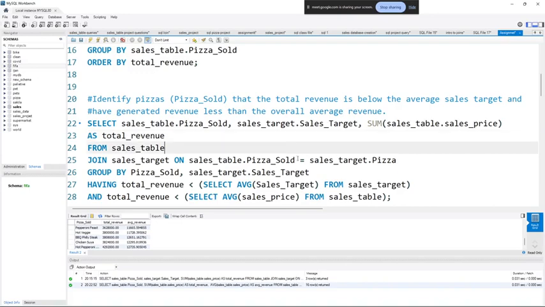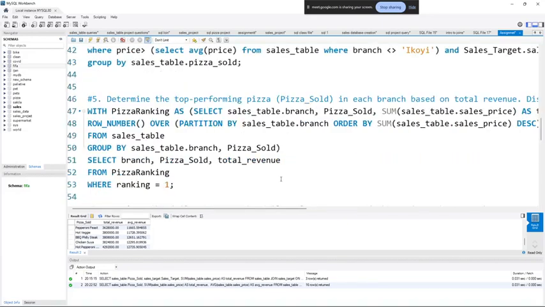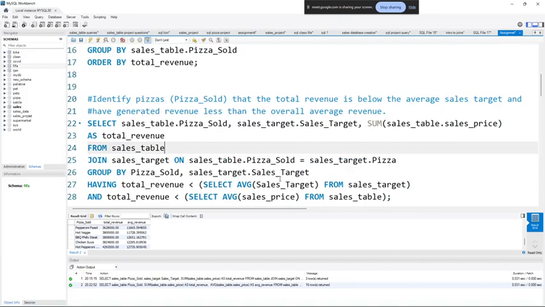So now, identify pizzas that the total revenue is below the average sales target and have generated revenue less than the overall average revenue.